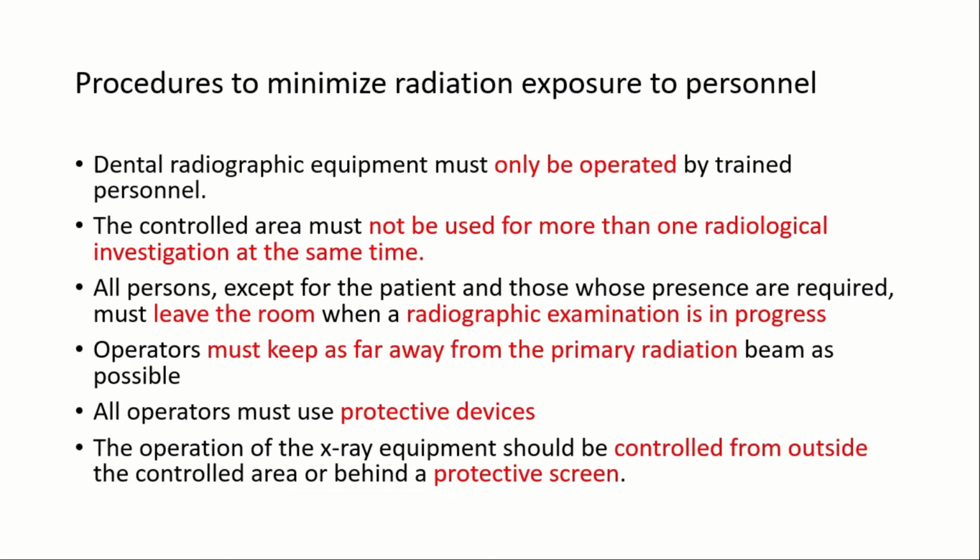All the operators should use the protective devices, aprons, a film holder, and a thyroid collar if necessary. You have to make sure the X-ray equipment is controlled from outside. If not possible, it should be from behind the protective screen.